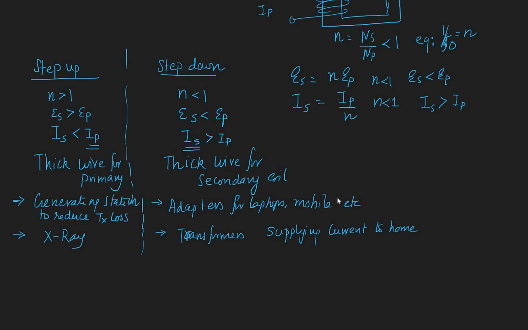That could be one of your examples. Other than that, let's say electric bells could be another example for step down. So that kind of summarizes the difference between your step up and step down.